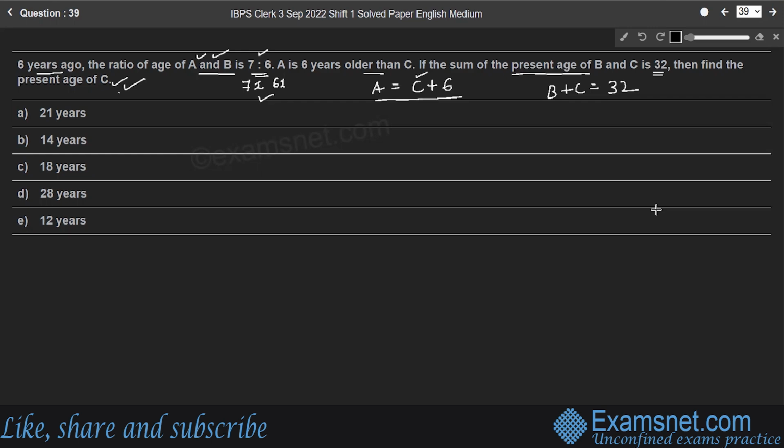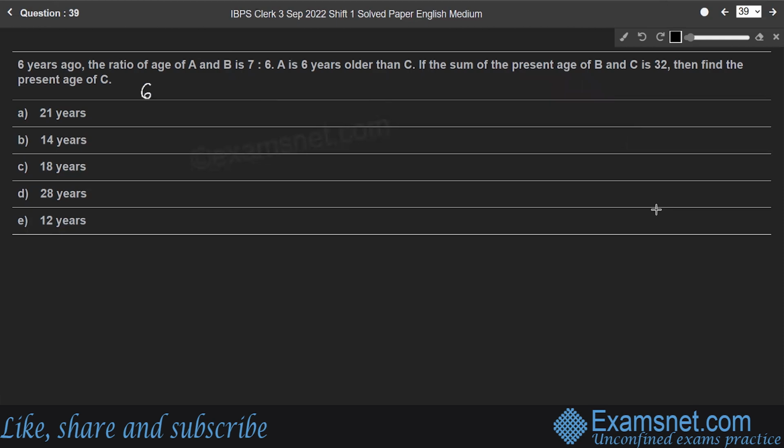So here we need to find the C value in terms of multiples of X. Right? Then B plus C is equal to 32. Substitute the values of B and C. We'll find the value of X. Then C will be a multiple of X. So let us go step by step.